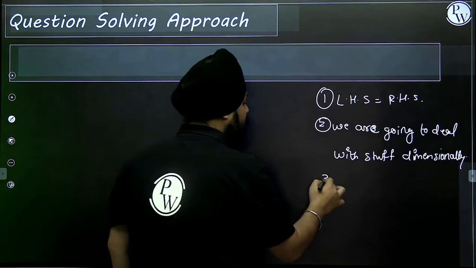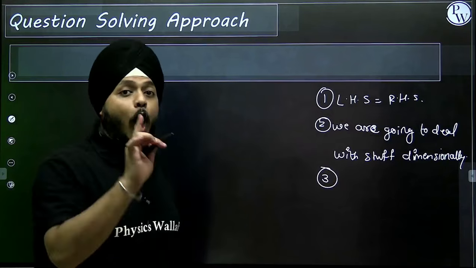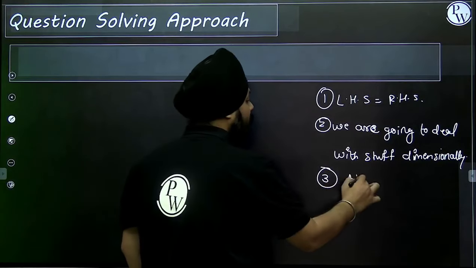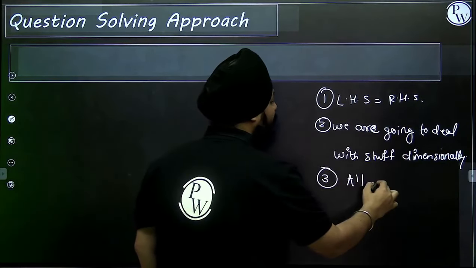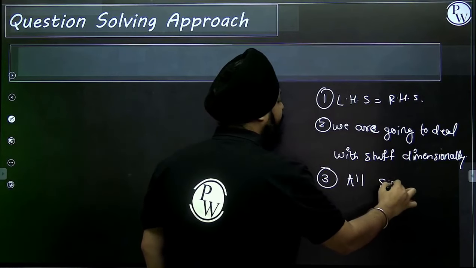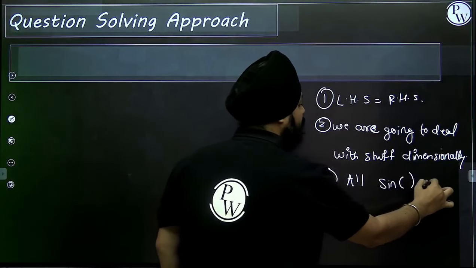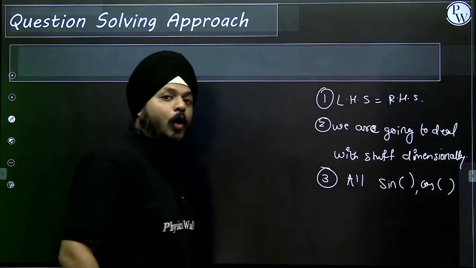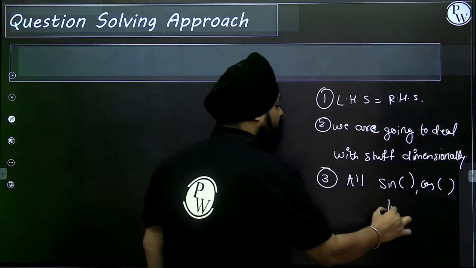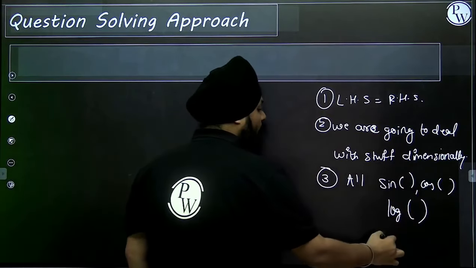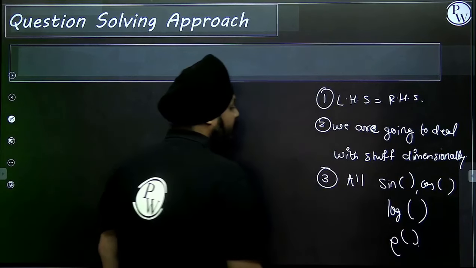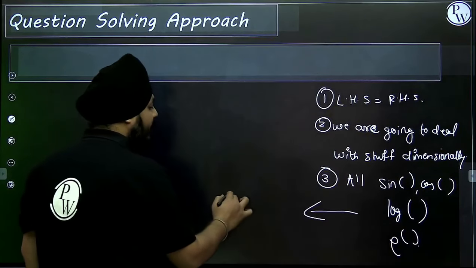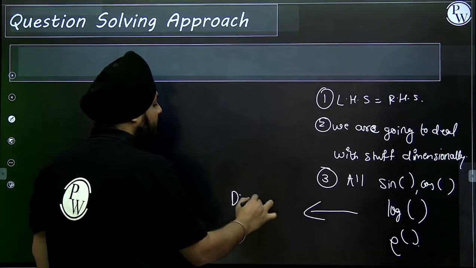Third part: we are not going to deal mathematically with all the sine and cos type of terms, all the logarithmic parts, all the e to the power parts. These are all dimensionless.